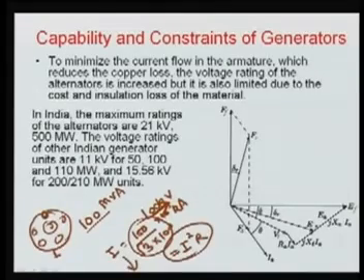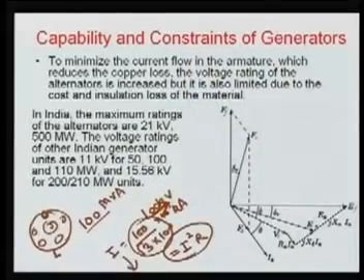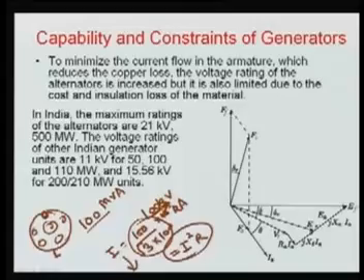Then we have to use insulating material that can sustain this high voltage level. To design it, it is very expensive to go for such a high-grade insulating material. So it is limited. We cannot keep on increasing the generating voltage.